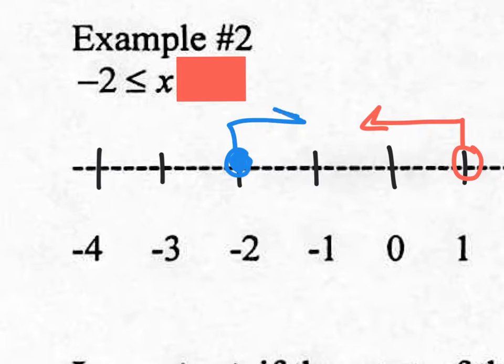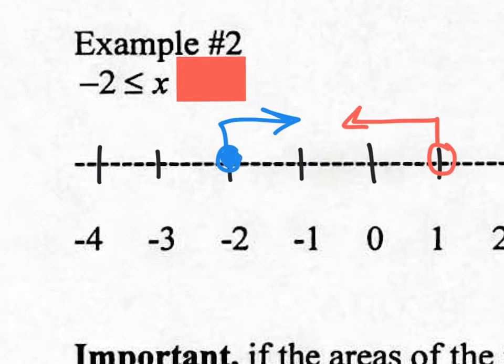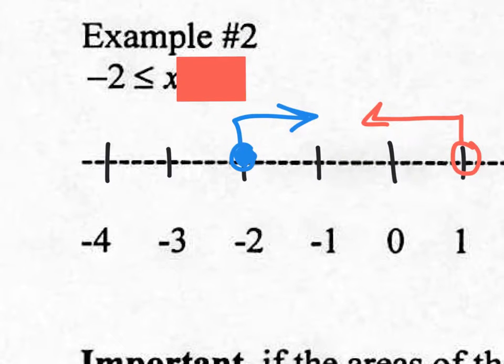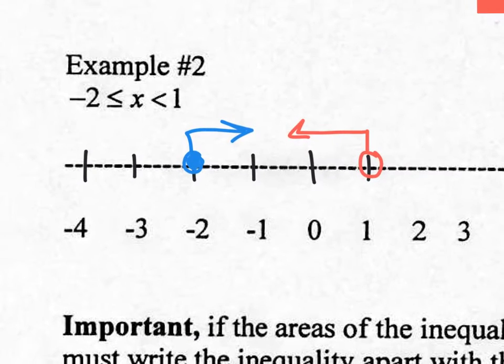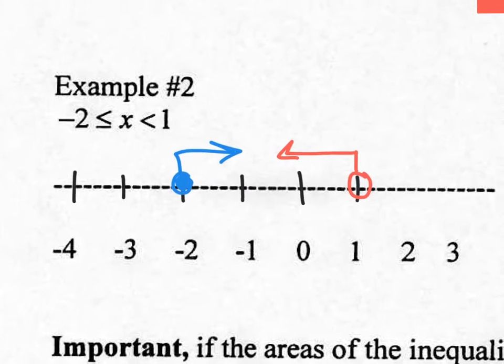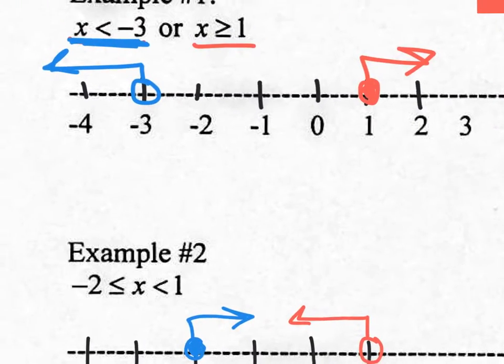To the right, right? So what we see here is, and I could already get rid of this, let me move this box out of the way. What we see here is the graph of the compound inequality that's written together, okay? Let's compare it with example 1 up here.